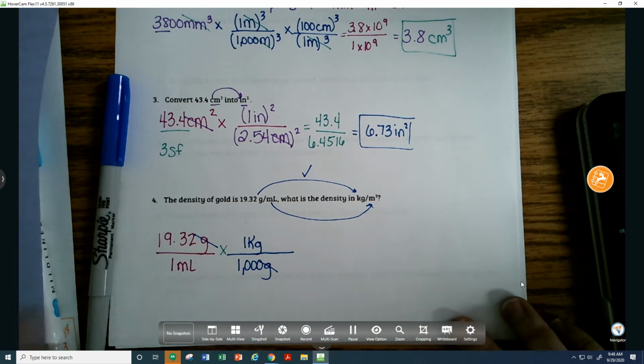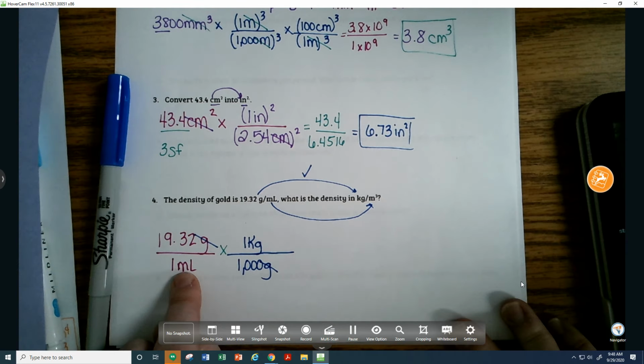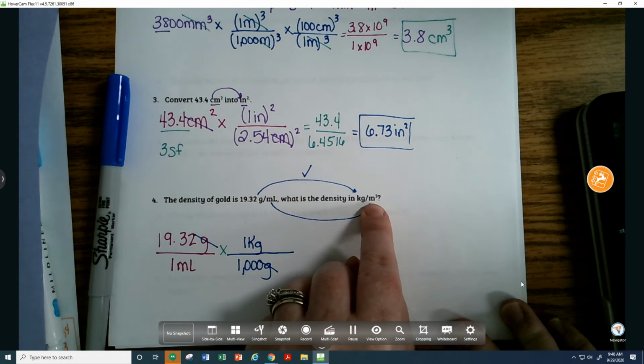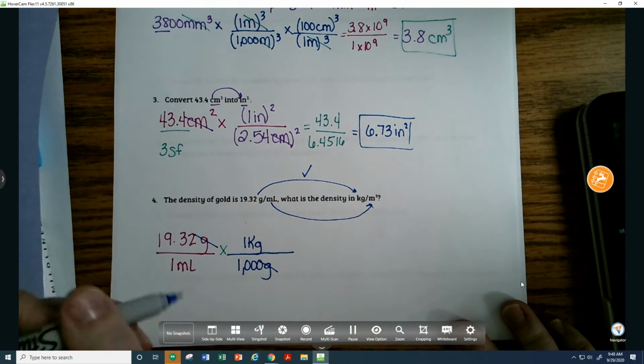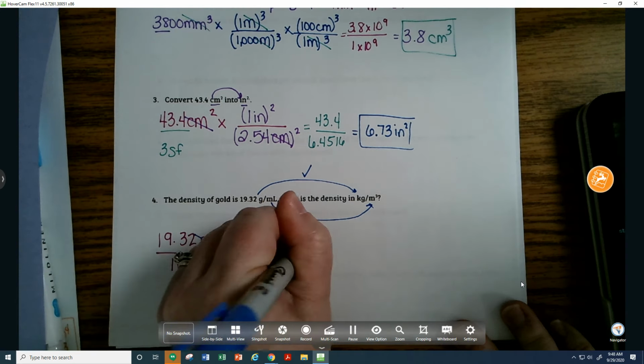Okay, so what I have right now is we're going from milliliters, which is, again, if you think about it, something that we use to measure more like liquids. And then cubic meters is more used for something that you can measure dimensions, something that I call a regular object like a cube. So where we're at now is we have milliliters.